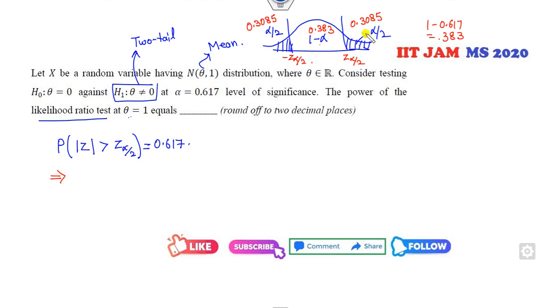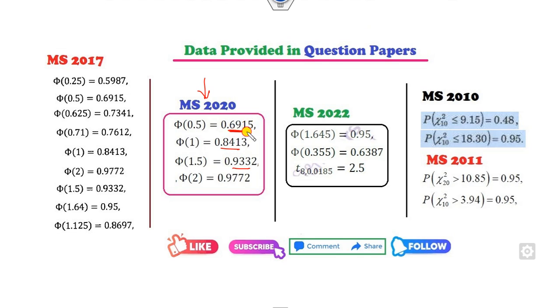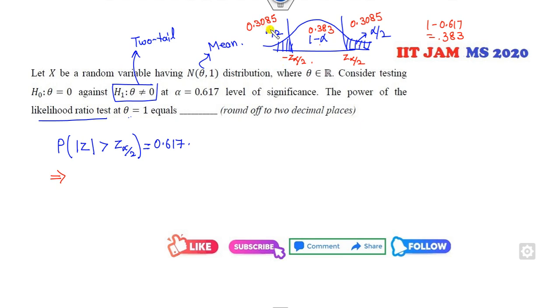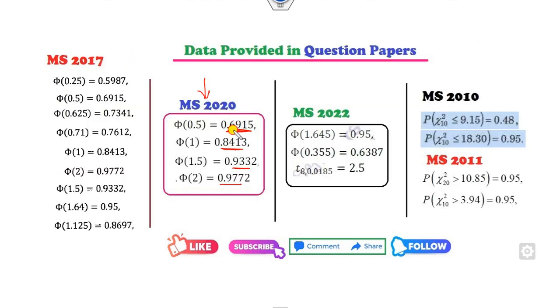Now look at that. If I look at these values, 0.691, 0.843, which can I make from these three values? Clearly you can see 0.3085 plus 0.383 comes to be 0.6915, which comes to be here.